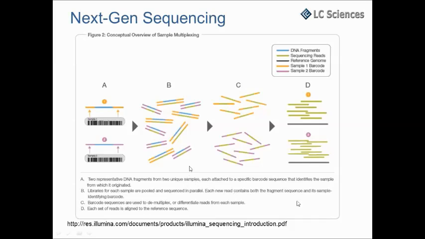By this barcoding method, we can have multiple samples sequenced at one time and analyzed later, which is the multiplexing.